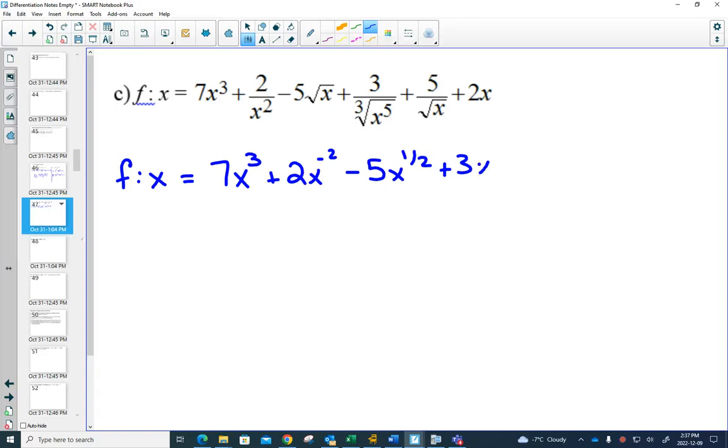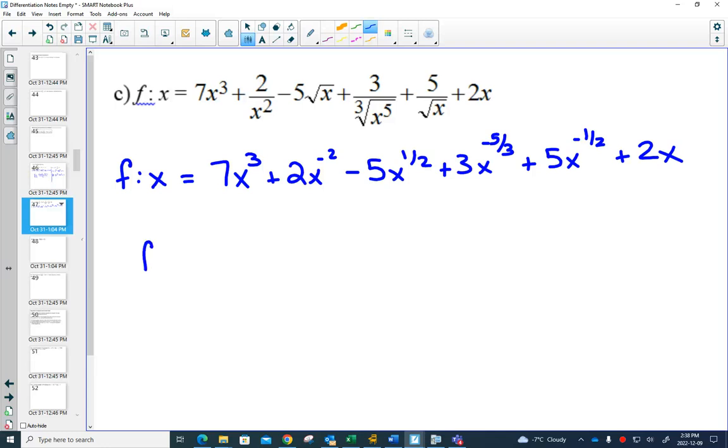So now it'll be x to the negative 5/3 on the top. Same thing, this will be x to the half on the bottom. So there's our preliminary work. Just manipulating it so that it matches up.